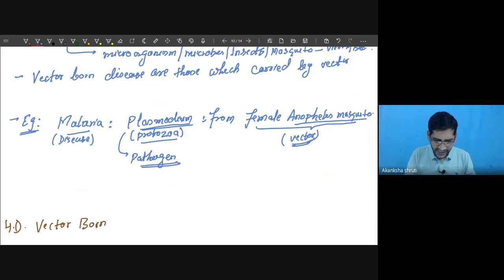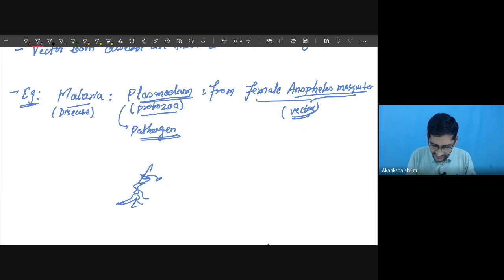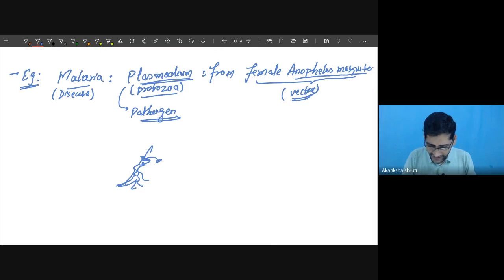You can understand it like this. So student, there is a big mosquito. We may draw the mosquito. So consider this is the mosquito. Now this mosquito has the germs. So this is your vector. This is the female mosquito.